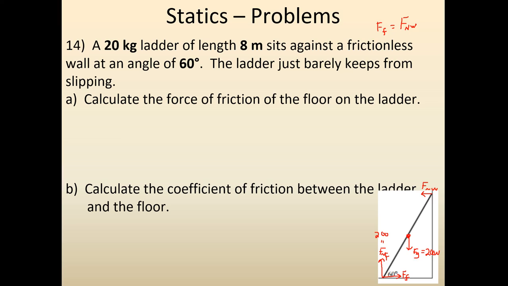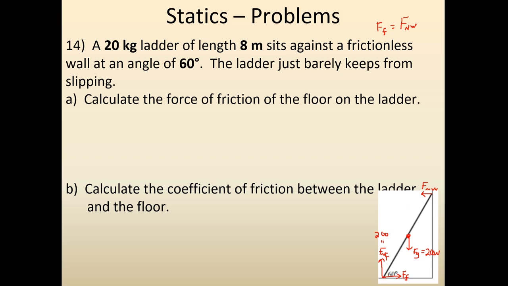That's going to get rid of two torques. We're going to get rid of the normal from the floor and the frictional torque, leaving me with only two torques to calculate. Now, why would I do this, even though I'm looking for the frictional force? Well, this will help me find FNW from the wall, and because the forces in the X have to be equal, I know that that's also going to be equal to the frictional force. So again, it's a way of simplifying my problem.